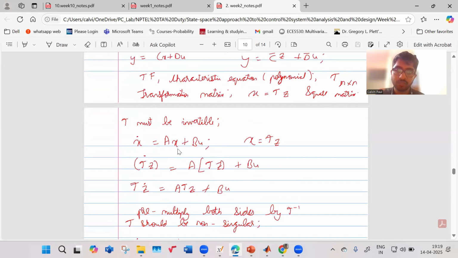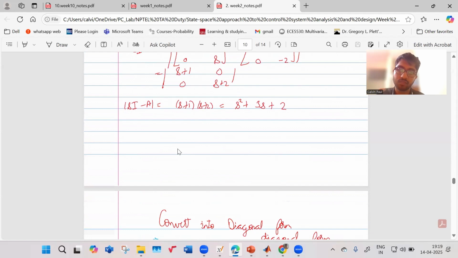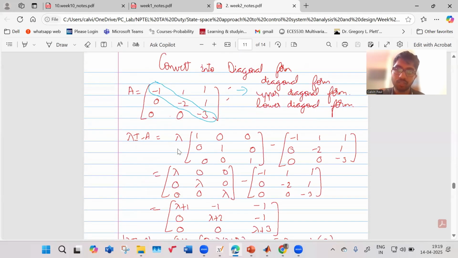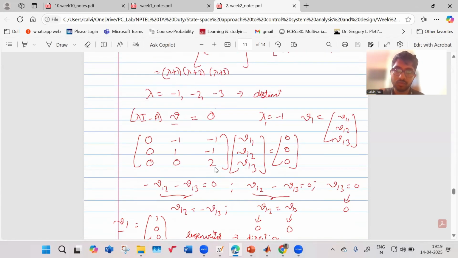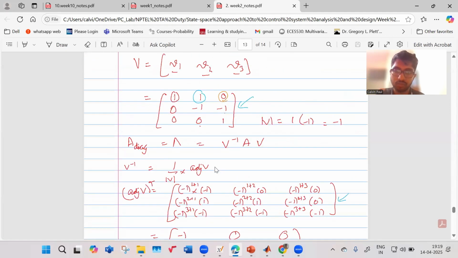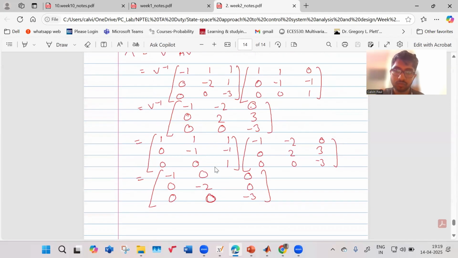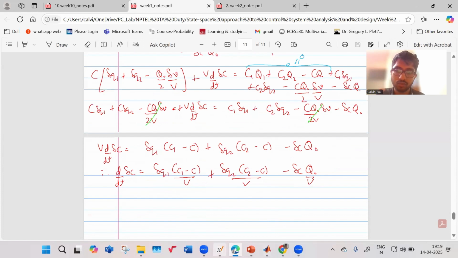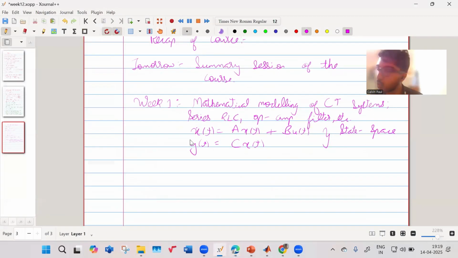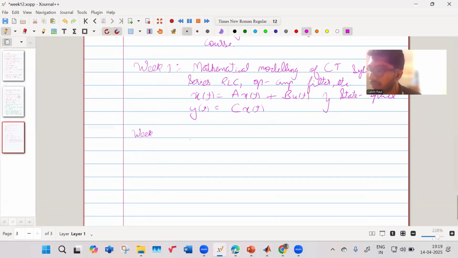And conversion of state space form. How do you convert from one state space form to another state space form and converting into diagonal form? Okay, these have been taught. So week 2 has many things. It has what is known as the state space representation of a system.